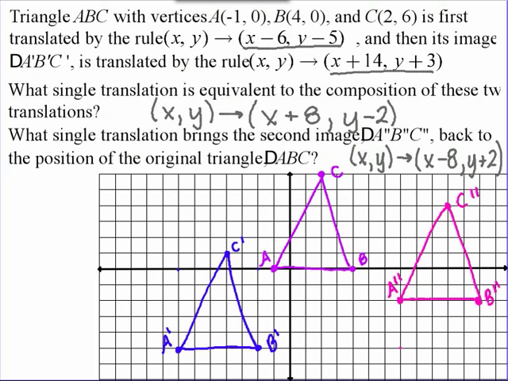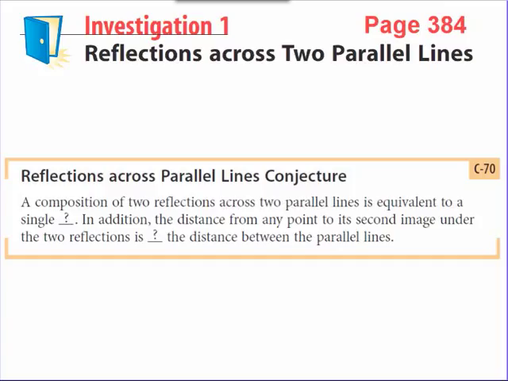Okay, so real quick, let's go ahead and look at page 384 in your book. Page 384 says a reflection across parallel lines. If you look at that investigation in your book, notice step 1 to 2 to 3 to 4 and to 5.